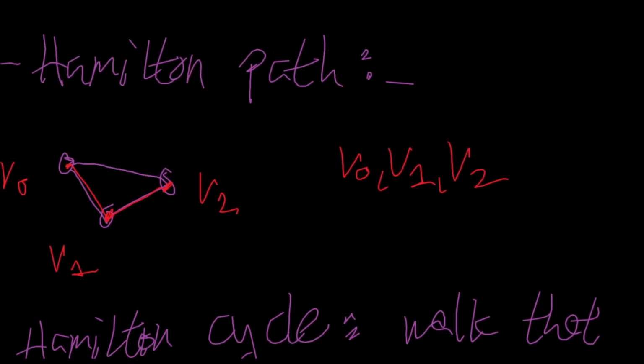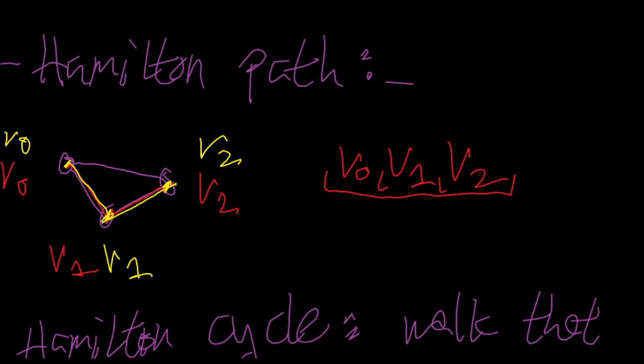So although this is a Hamilton path, it is not a Hamilton cycle, since the starting point is not the same as the end point. However, if we had a walk that looked something like this, let's call this V0, it moves over here, we'll call this V1, we'll call this V2, and then it moves back via this edge to V0 again.